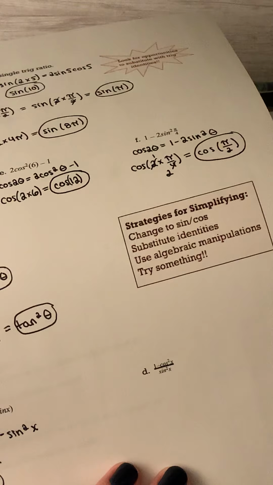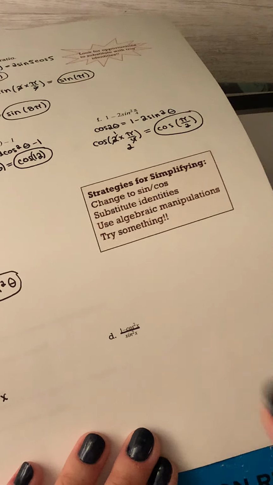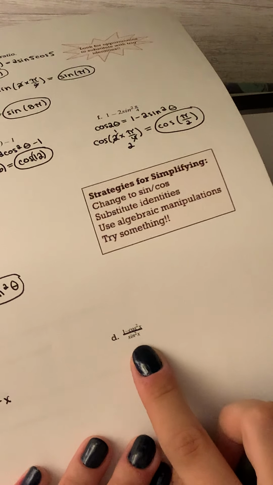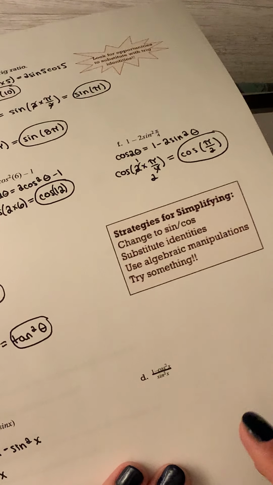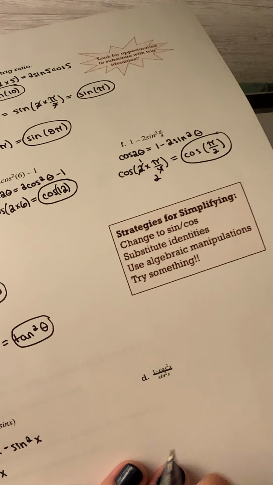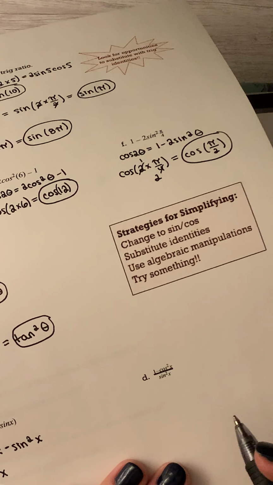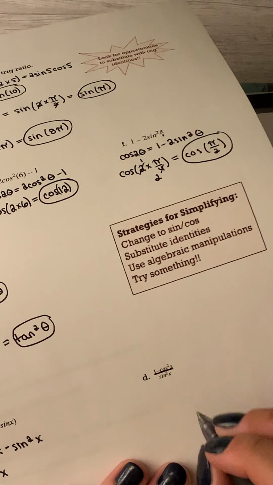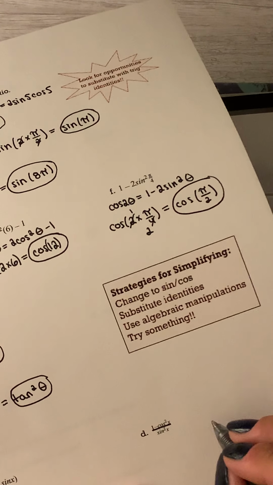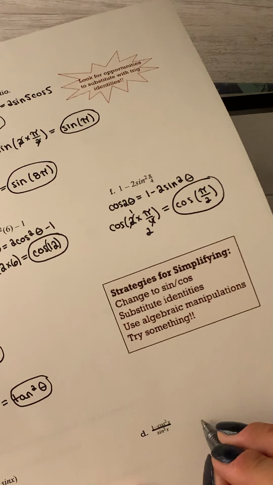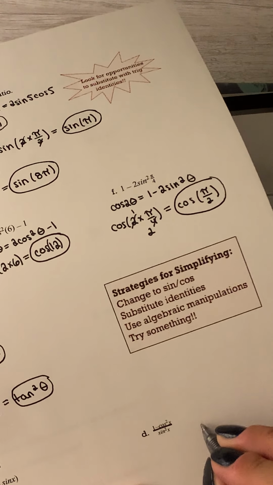So our last equation here, 1 minus cosine squared x over sine x. Again, right here in part D, we have another one of those Pythagorean identity patterns, the 1 minus cosine squared x, and we know that it's going to be the opposite function left over on the other side of the equal sign.